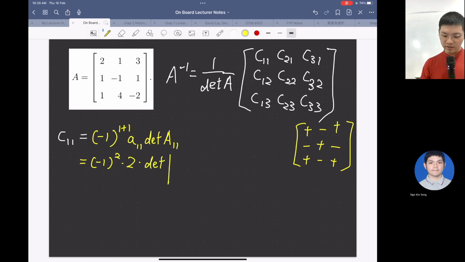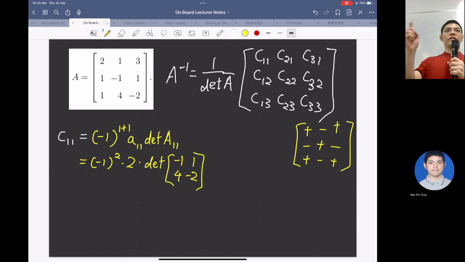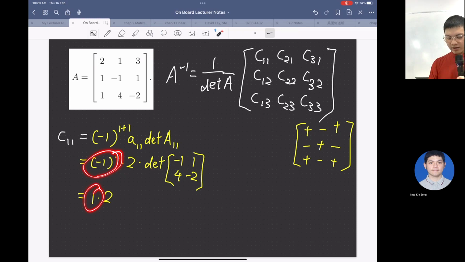So in this case it is minus 1 to the power 2 times the determinant of the minor. The minor here is removing the first row and the first column, and then you get minus 1, 1, 4, minus 2. Up to here, everyone okay? Following? Recall the cofactor expansion formula from yesterday. I like this table a lot.